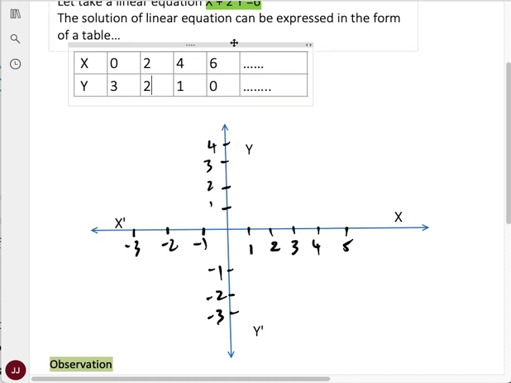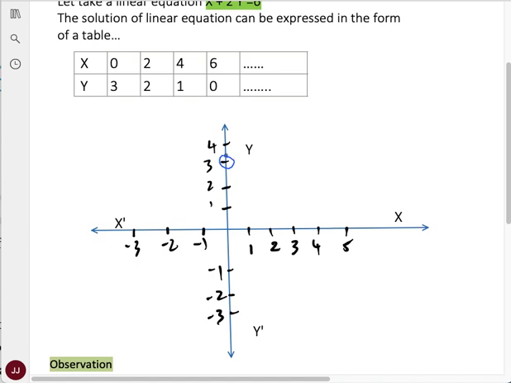The first point is 0 comma 3. So x is 0, y is 3, so the point comes here.